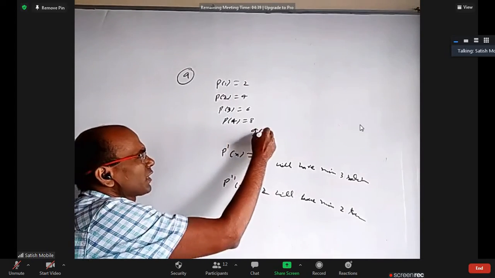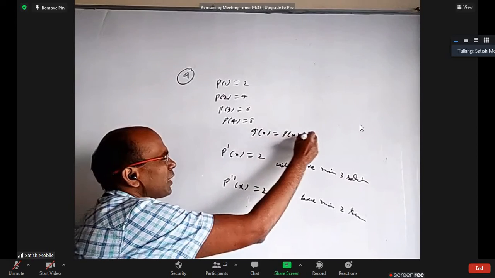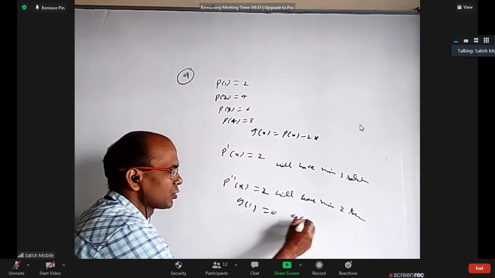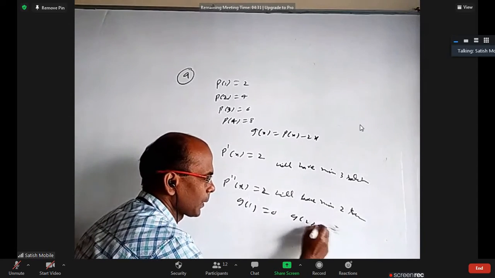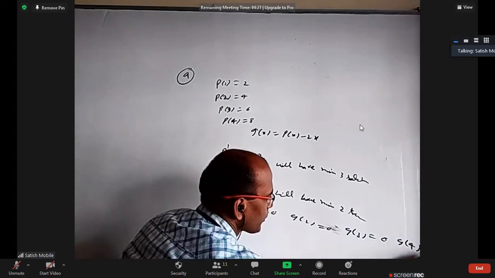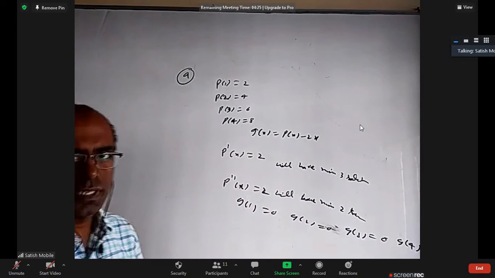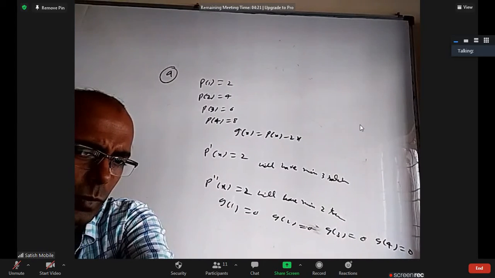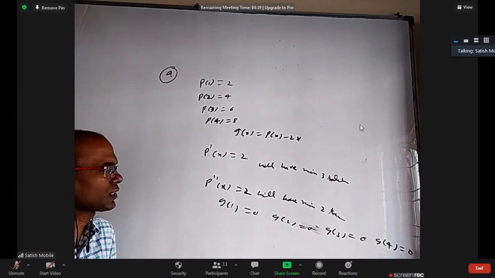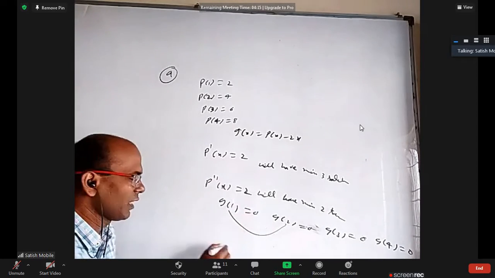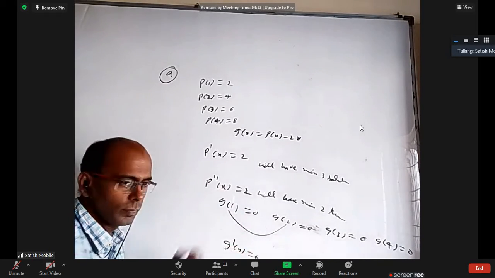I have to take g of x is equal to p of x minus 2x. Now you know g of 1 is 0, g of 2 is 0, g of 3 is 0, and g of 4 is 0. Based on what we discussed just now, because g of 1 and g of 2 are 0, between 1 and 2 somewhere g dash x will be 0, right?